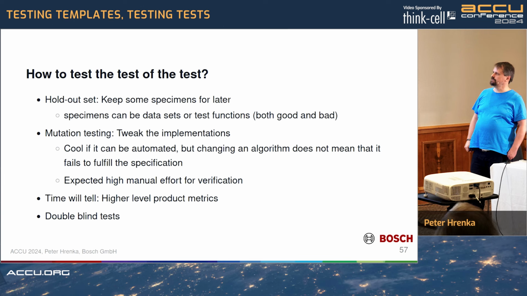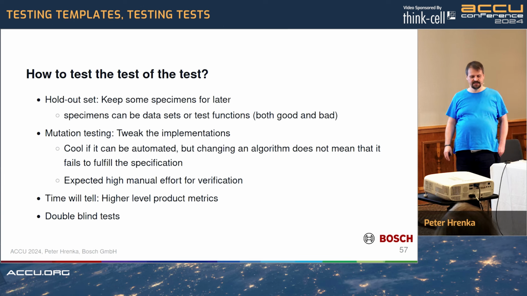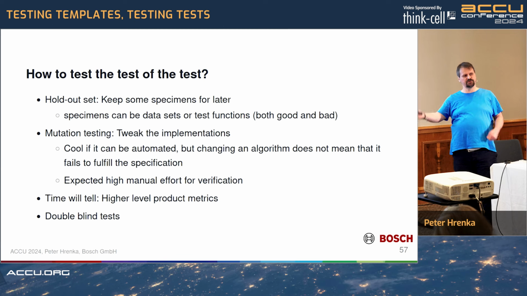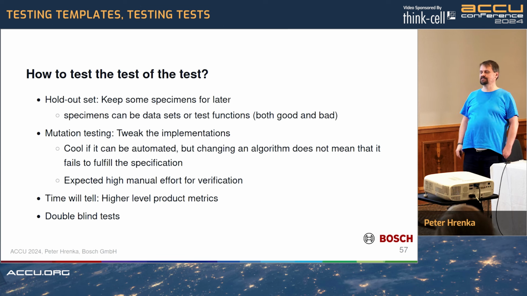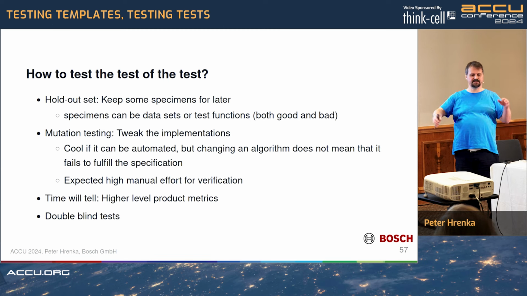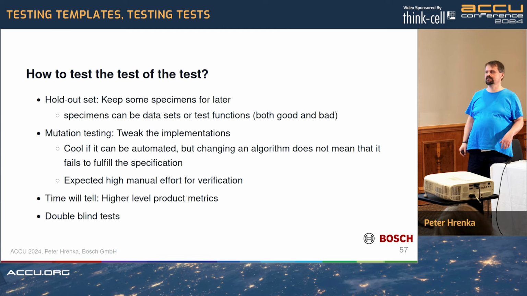What you can always do is look at some higher level metrics, because the number of returns or complaints or tickets will probably show you if your method is good. And of course, ideally, you would do some kind of double blind test where you have two teams, two products, and one is using this method and the other is using that.